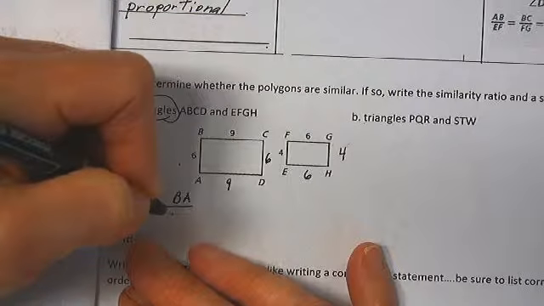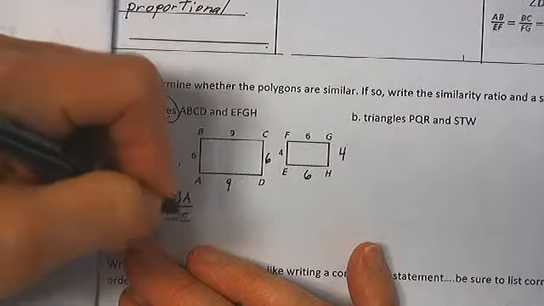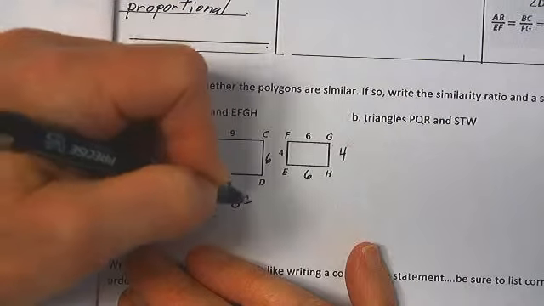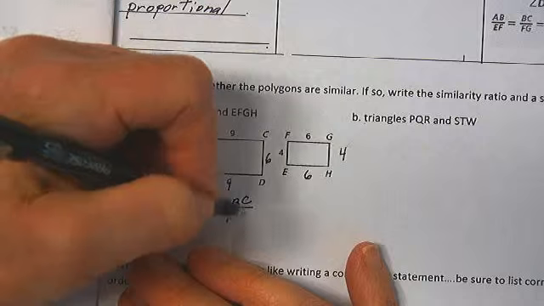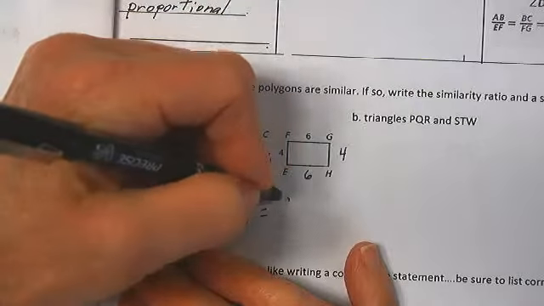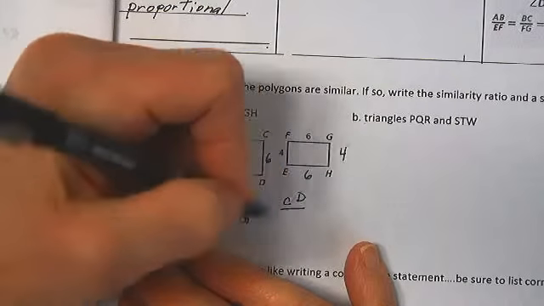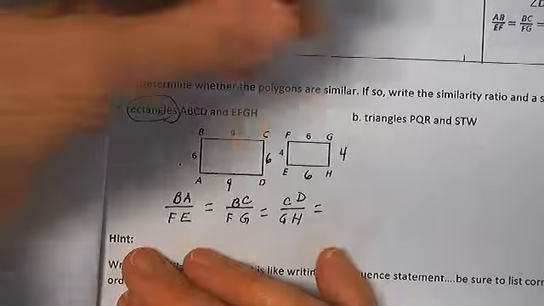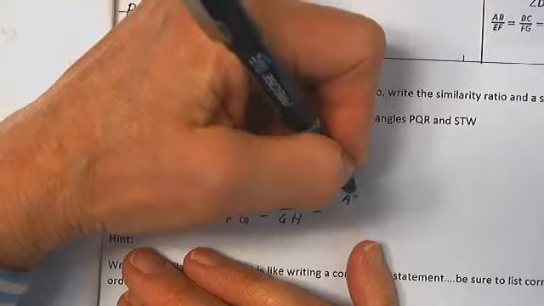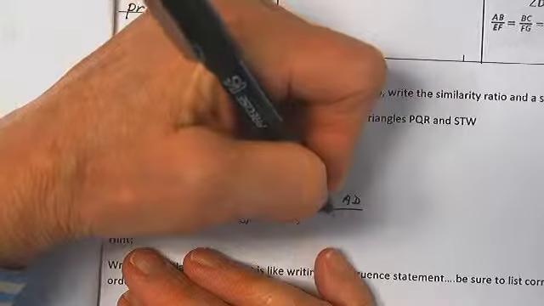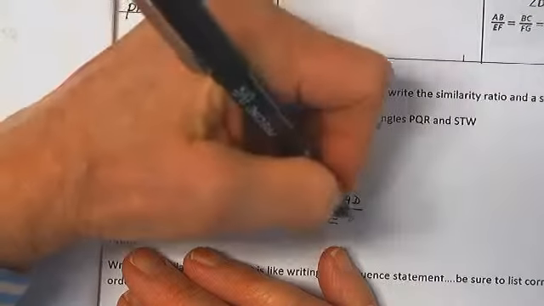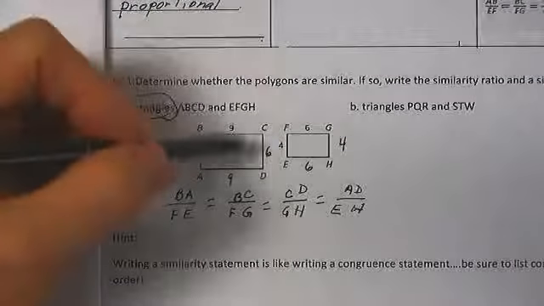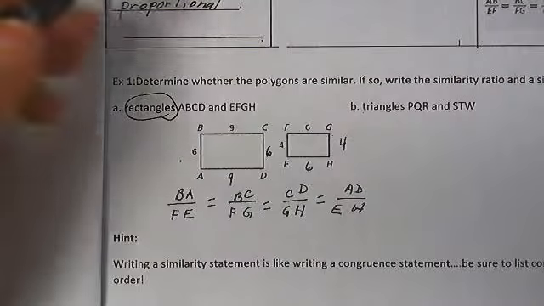BA is to FE as BC is to FG as CD is to GH as AD is to EH. We only really need to consider two of these because we have a rectangle, so they're the same.